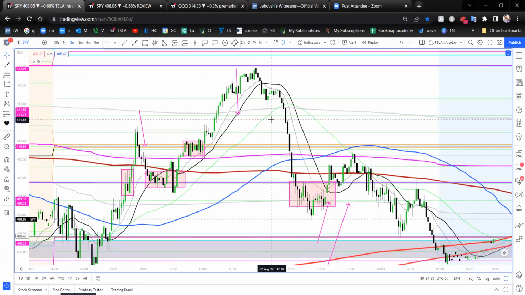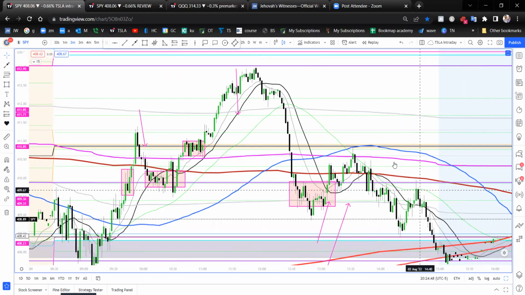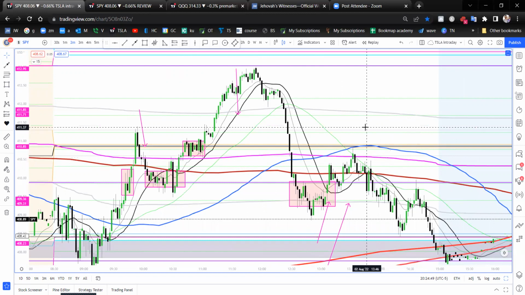This was our news right here. See, the market just started falling through the floor. We did have a buy the dip ready to go here for the 408 area, and see, the market came right around this area and then got a nice little pop off of there. So anyway, it was a pretty crazy day to say the least.